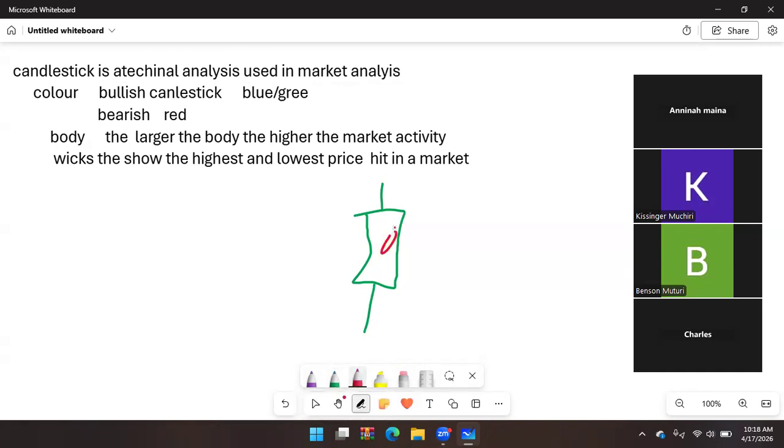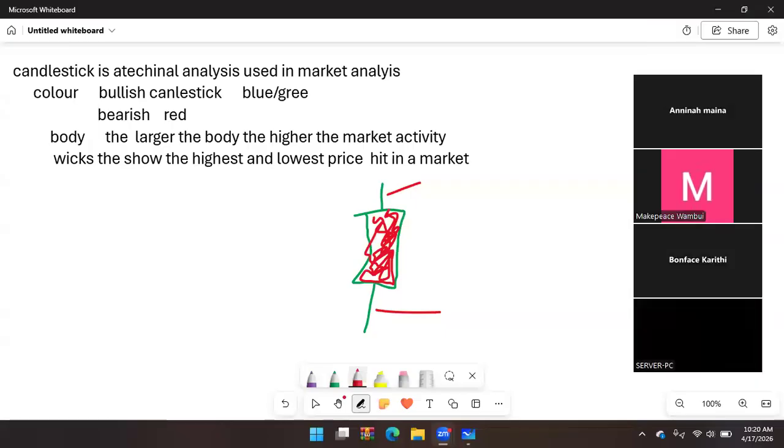The red part here is the body, whereas the other thin parts are what we call the wicks. This is a wick and this is a wick. The wicks show us the highest and lowest price hit, and the body shows us the intensity of the market.